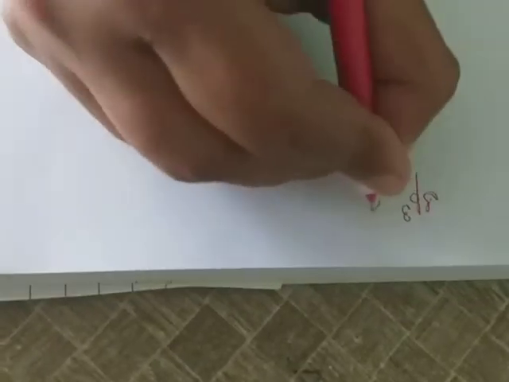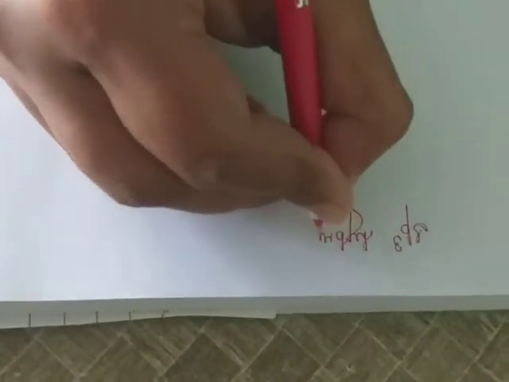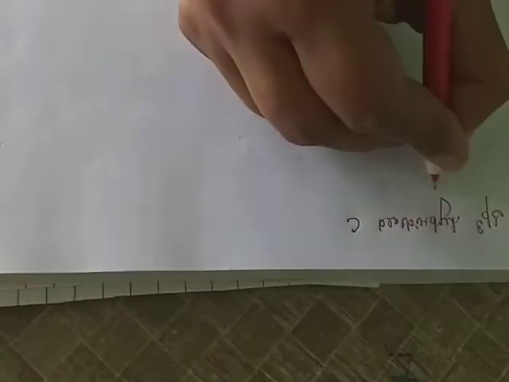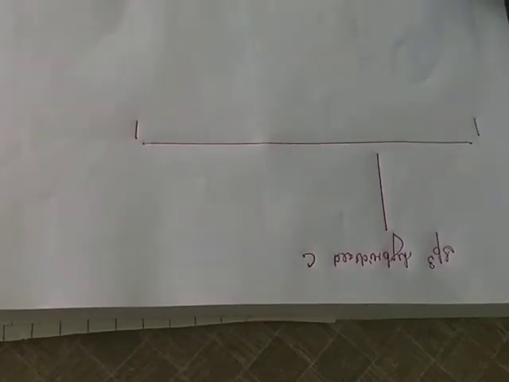So let's see how this classification is made. We could have sp3 hybridized carbon bearing OH, or we could have sp2 hybridized carbon bearing OH. This sp3 hybridized carbon could be of three types.